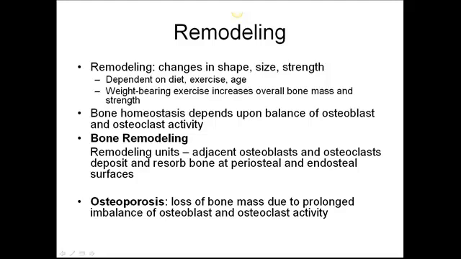So bone homeostasis depends upon this very delicate balance of osteoblasts and osteoclastic activity. So it's like this. They always talk about homeostasis as like a teeter-totter, right? So if one side goes up, the other side goes down.